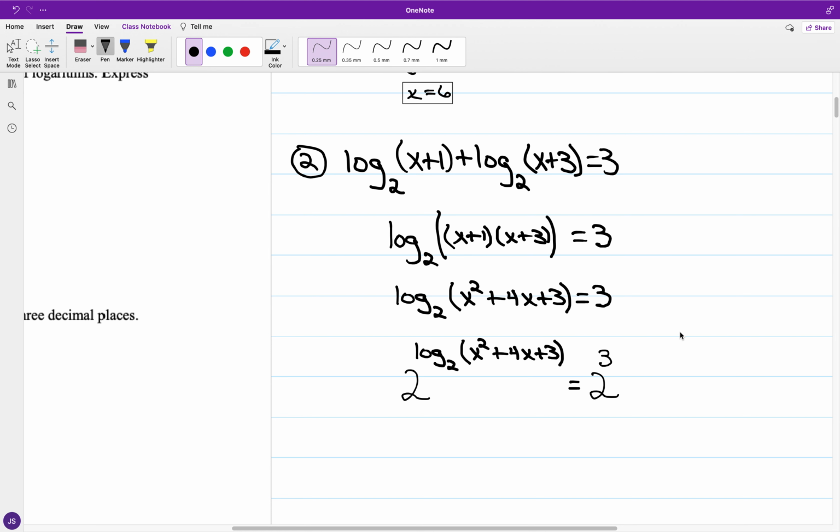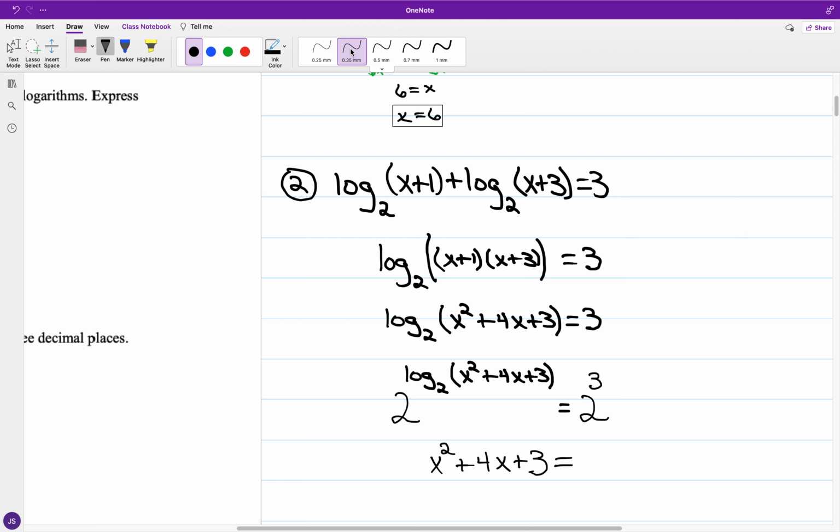Okay, so for what I have on the left, the exponential and logarithm base 2 will cancel out. So we have x squared plus 4x plus 3 is equal to 2 to the third, which is going to be 8.